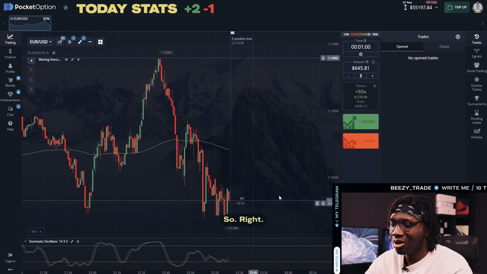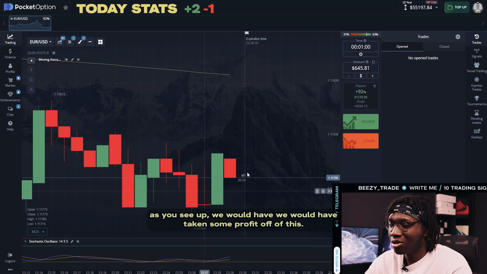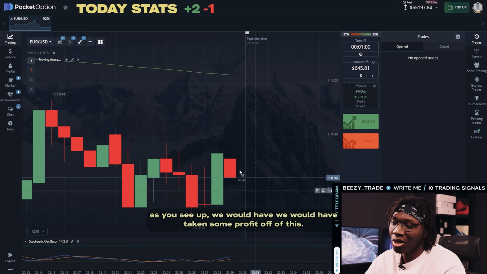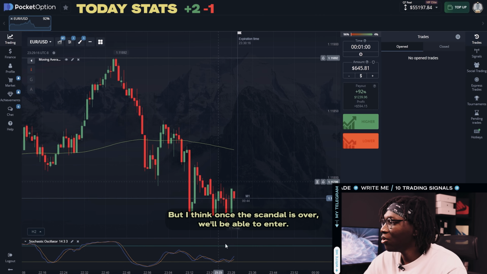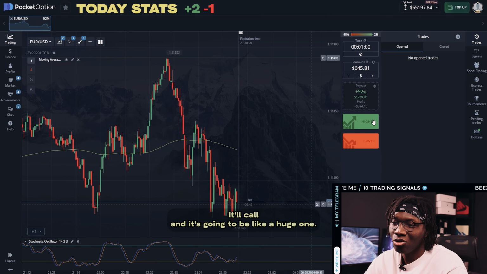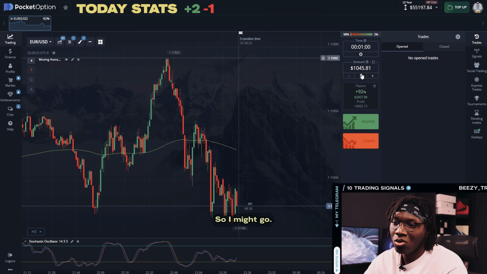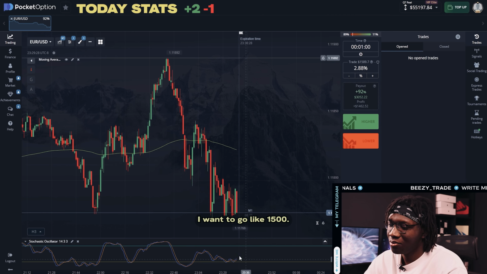So right here, as you can see, just because I was trying to find the right time frame, we would have taken some profit off of this. But I think that once this candle is over, we'll be able to enter into a call, and it's gonna be a huge one. So I might go, I want to go like 1,500.